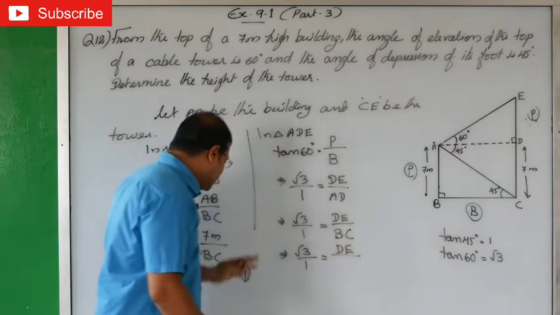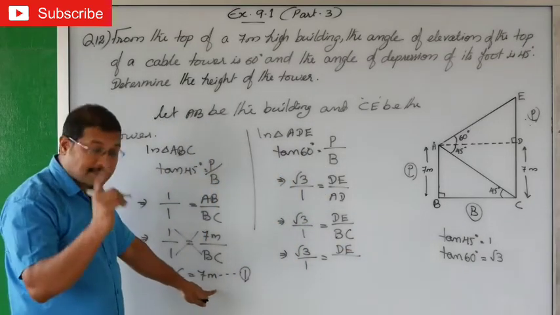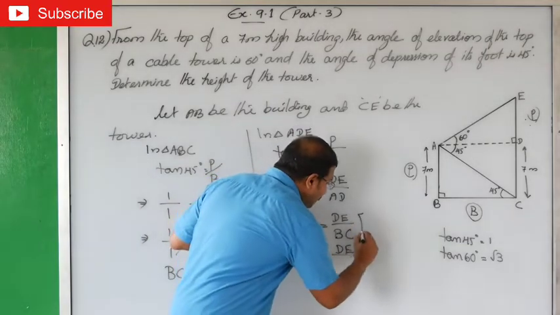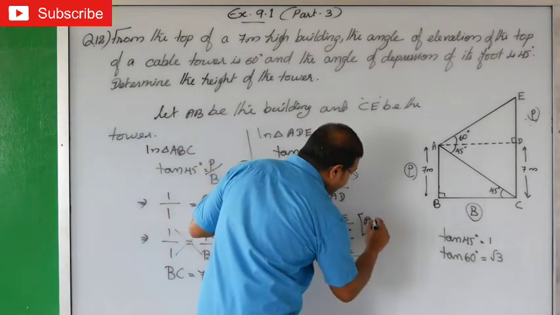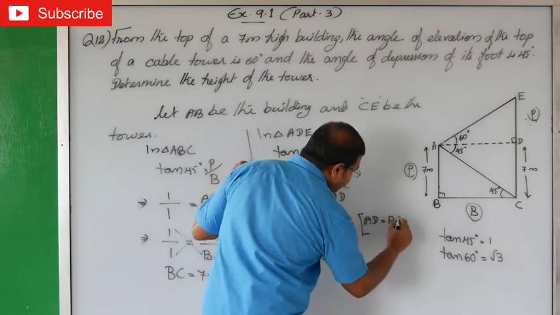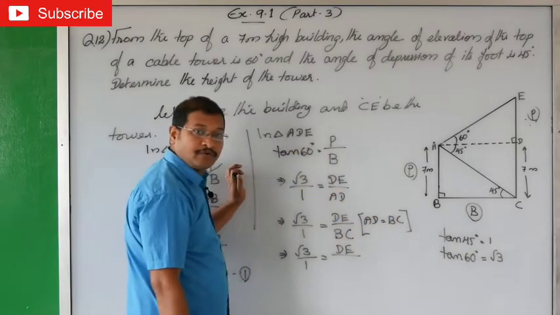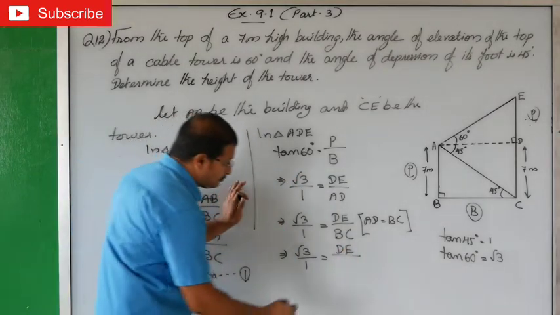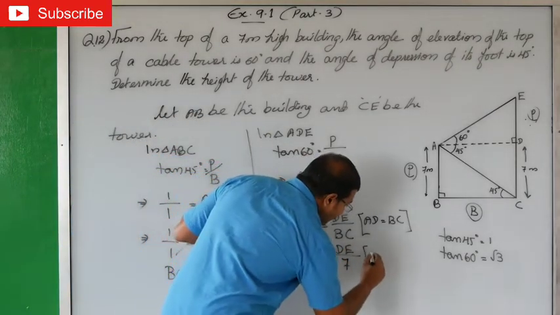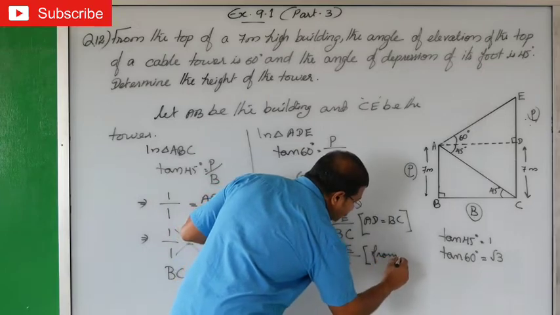What is the value of BC from equation number 1? 7 meter. So AD equals BC, and in place of BC, we can write 7 from equation 1.